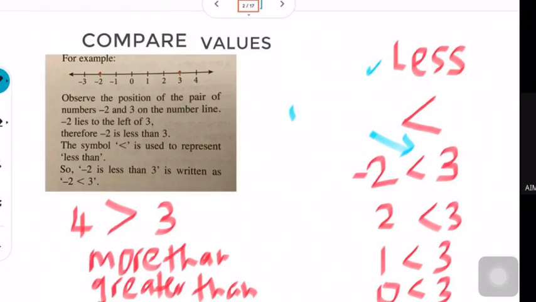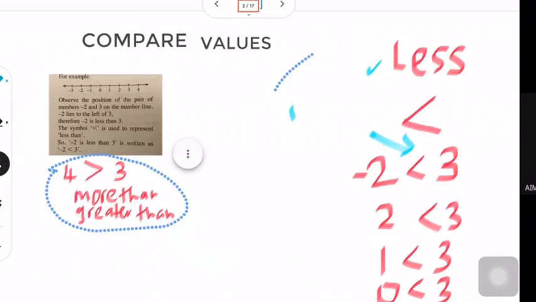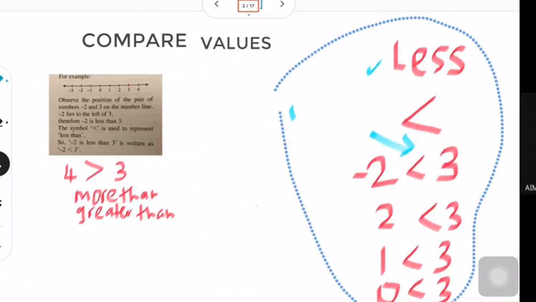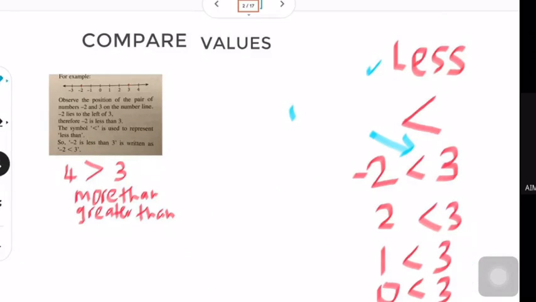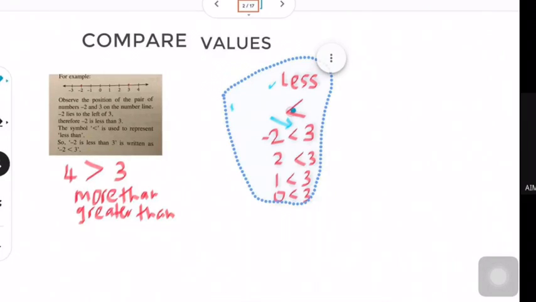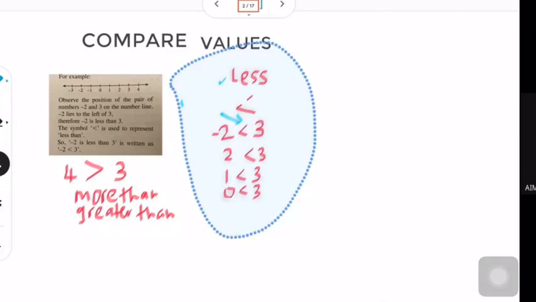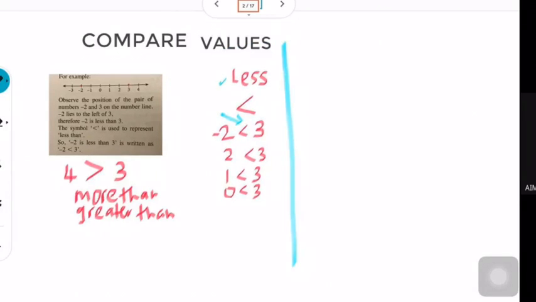For myself, when I was at your age, I was always confused with these two symbols, which is less and which is more. So one of the tips to remember the less than and more than symbols: I always imagine this side is big and this side is small.